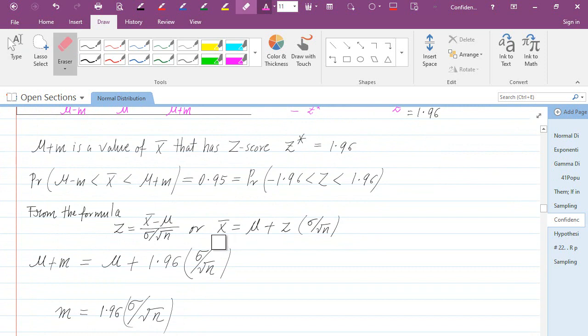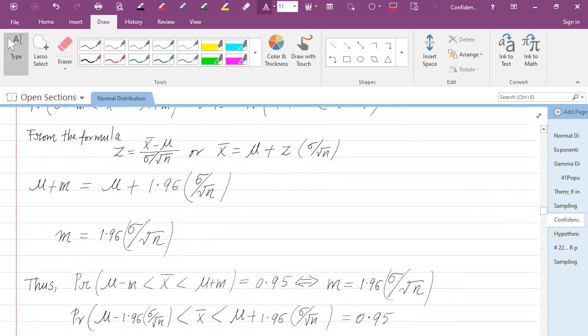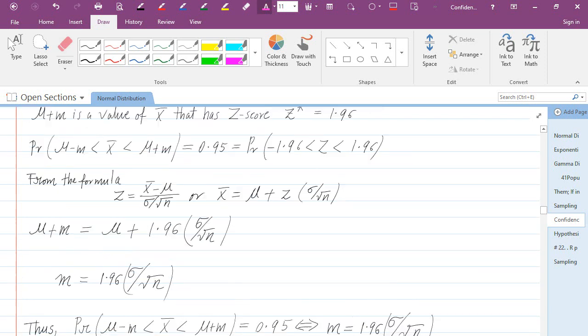So x bar will be replaced with mu plus m, and z will be replaced with 1.96 because mu plus m corresponds to this z-score. So from this equation we see that m has to be, because mu cancels out from both sides, 1.96 times sigma over root of n. So we found the quantity m that we wanted.